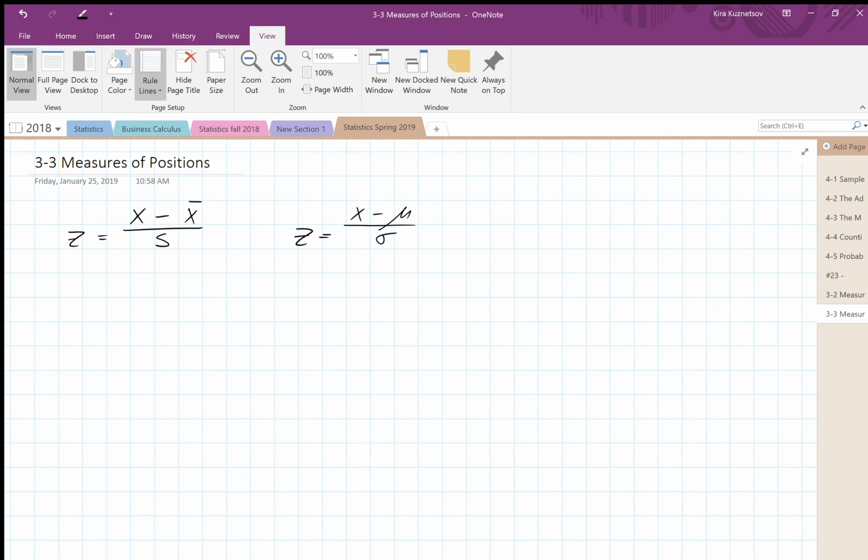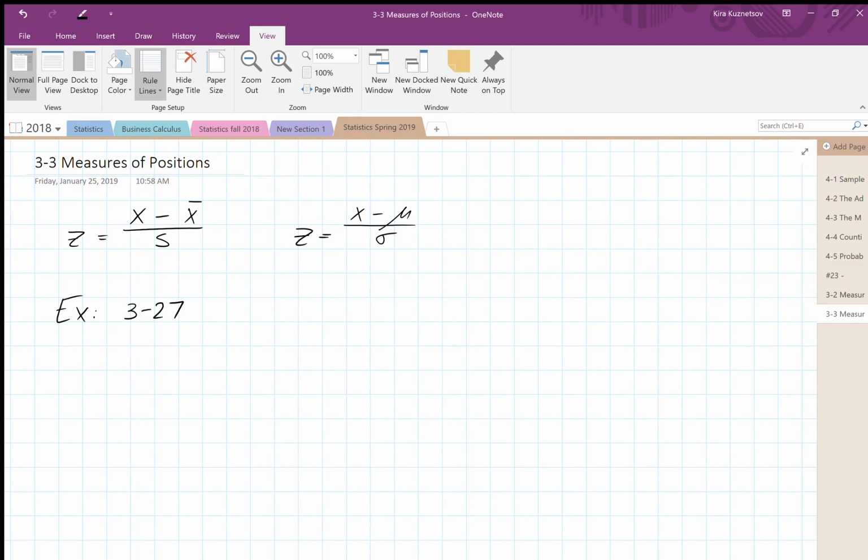In chapter 3, we're just measuring this, and we will study this in greater detail along with the empirical rule and other stuff when we get to the normal distribution chapters, which I believe are chapters 5 and 6.